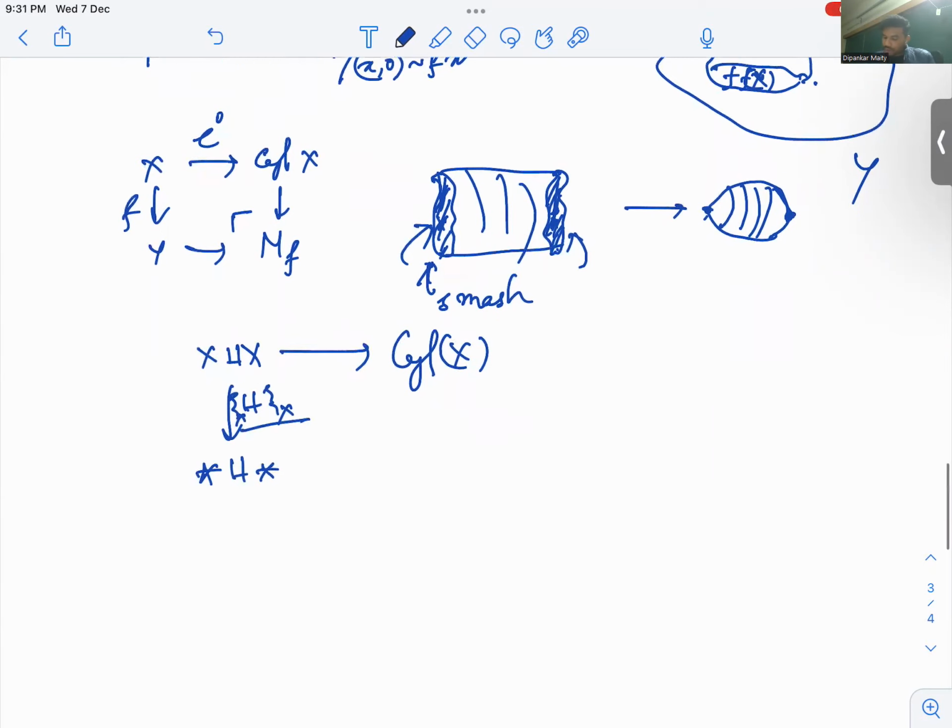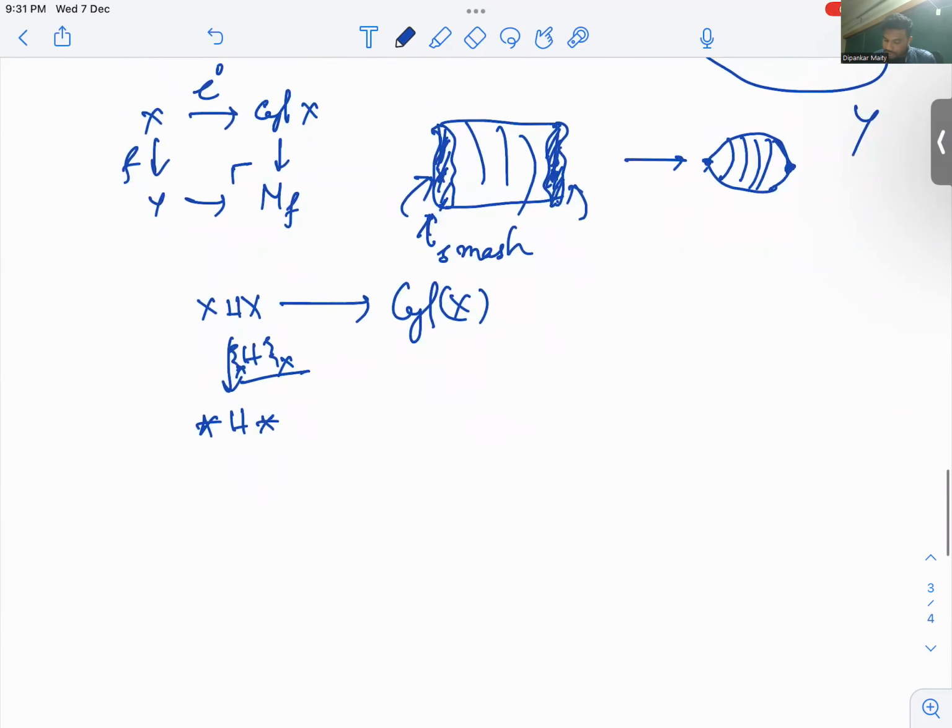And what it means to smash out is to take the push-out such that the left-hand point collapses to star, the single point, and the right-hand point also collapses to the single point. So this is the ordinary suspension as a push-out. So this is the mapping cylinder on psi x.